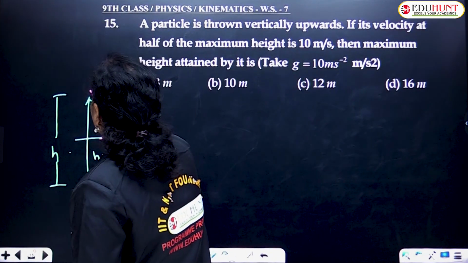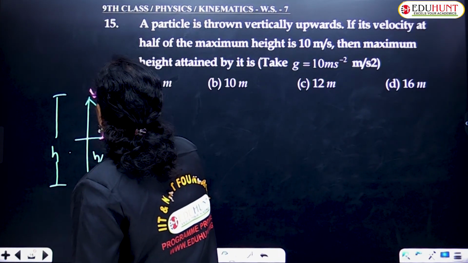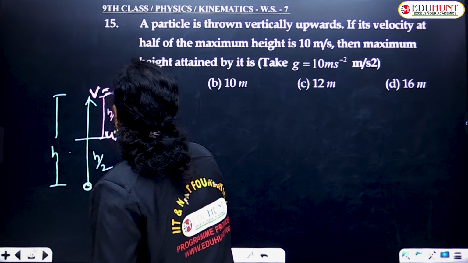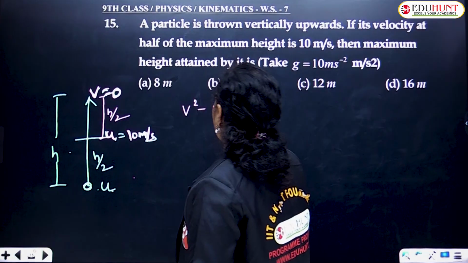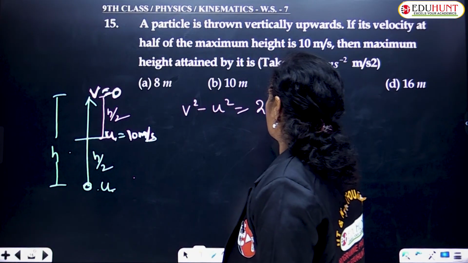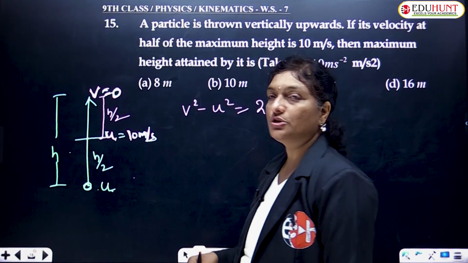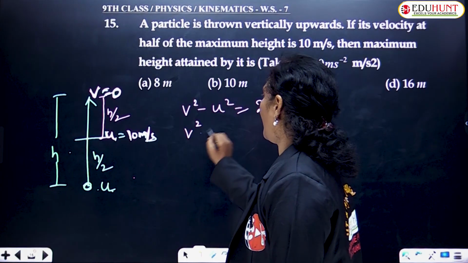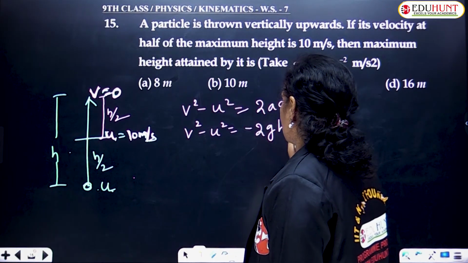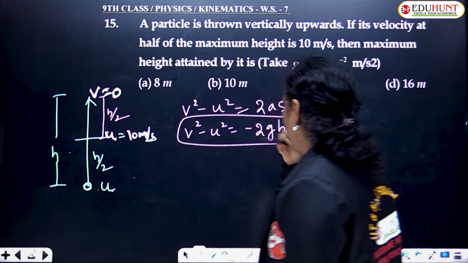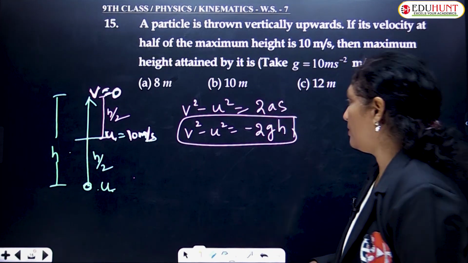So what formula do we use, children? Yes, v square minus u square equals 2as. Due to gravity, v square minus u square equals minus 2gh is the generalized formula for a vertically projected body.